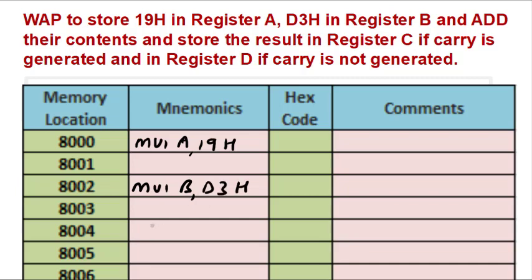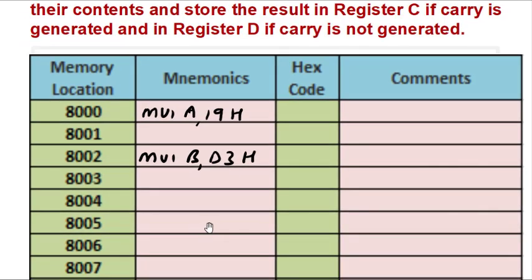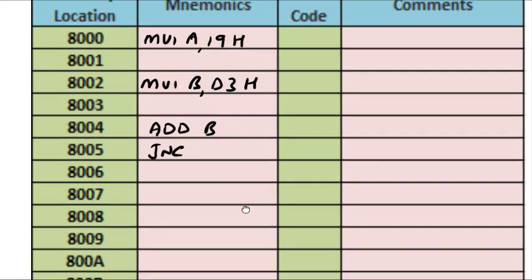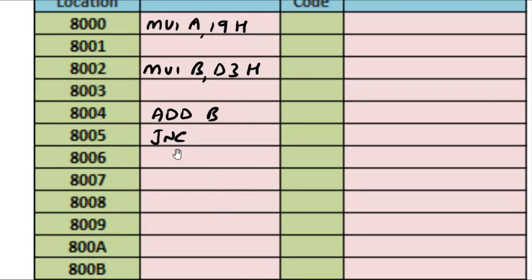Now we need to add the contents, so the next instruction is ADD B. After addition, a carry may or may not be generated, so let us write JNC, jump if no carry. If carry is not generated, we have to store the result in register D, so the one which has to be skipped is MOV C, A. Then here I can have halt.